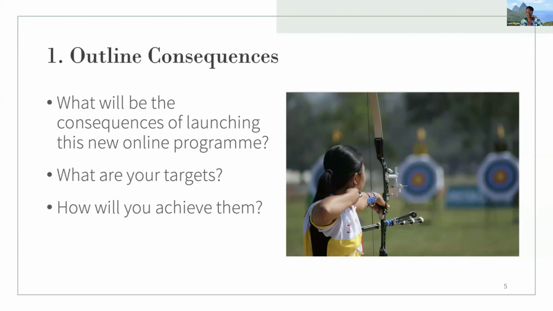Before we move any farther, I want you to think of what you want the consequences to be of launching this new online program. You can put your answer in the chat, or you can just take the mic and speak. Let's open it up. What are the consequences going to be of launching your new online program or course?